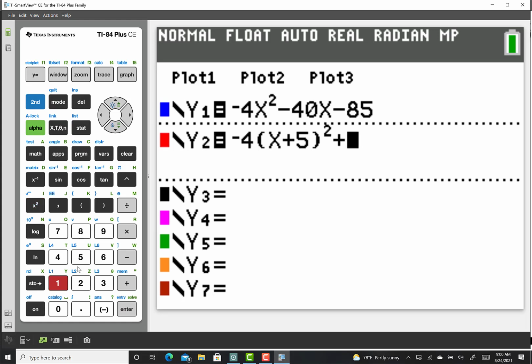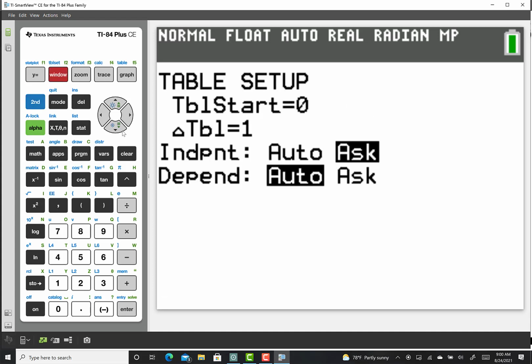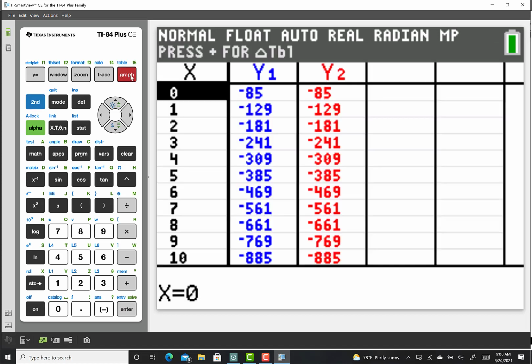All right, guys, real quick. I just want to show you guys that they're equivalent. Do you see y1 and y2? That's what I had initially. And then y2 is when I completed the square and I got this in vertex form. If I go to my table, check it out.